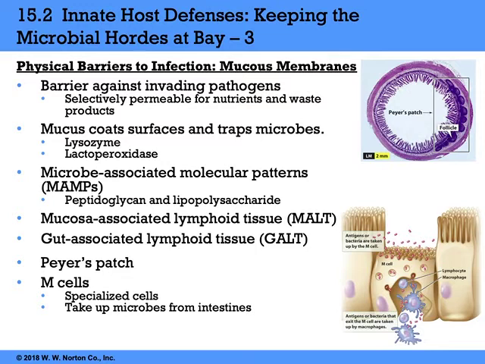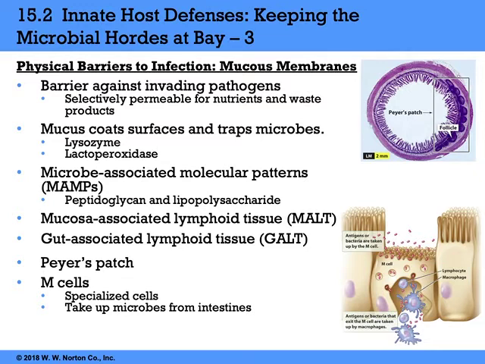Microbe-associated molecular patterns are basically patterns of peptidoglycan and lipopolysaccharide that are recognized by our immune cells regardless of what kind of pathogen they're on. Okay, so this is a little bit like, it's almost an antigen, but not quite. Okay, and so our innate immunity can sometimes pick up on that and attack it.